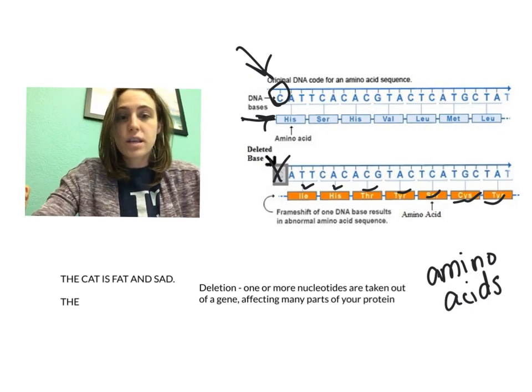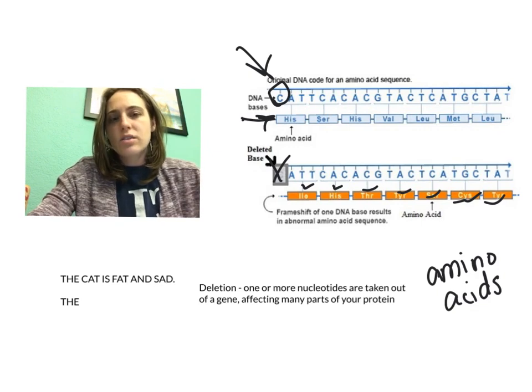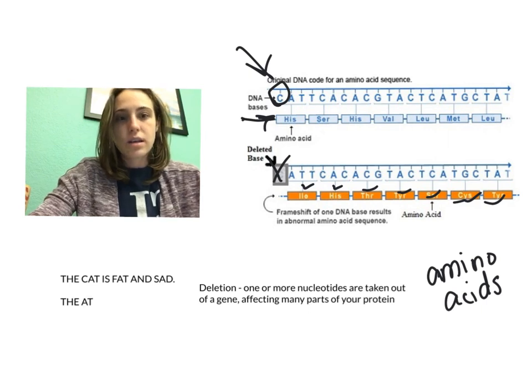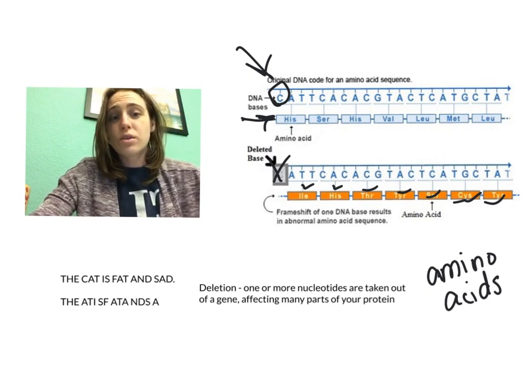So let's say the first amino acid is fine, but now I delete that middle C right there. Okay, so I still have to have those same breakups of the way the letters go. So let's say I do something like this. Everything shifts down to the point where this is no longer really legible, right?